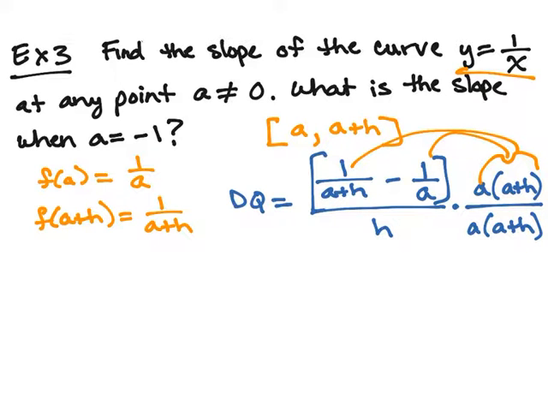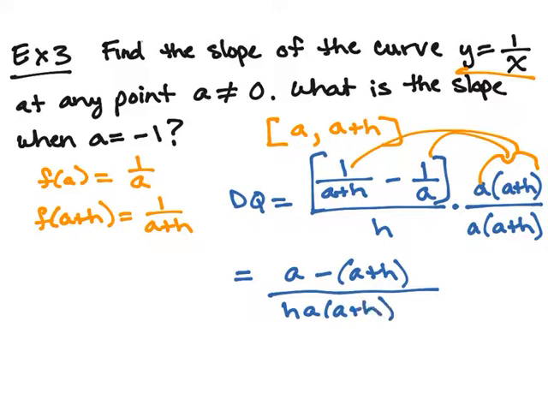When I distribute it to the first fraction, the A plus h cancels, and we're going to get A. For the second fraction, the A's cancel, and I get minus the quantity A plus h. The denominator, we just write it out. We don't distribute, we don't do anything to it, because that h, we want it to cancel.